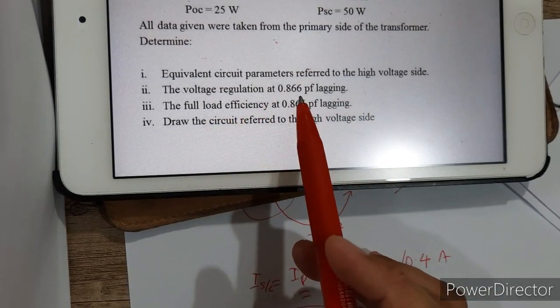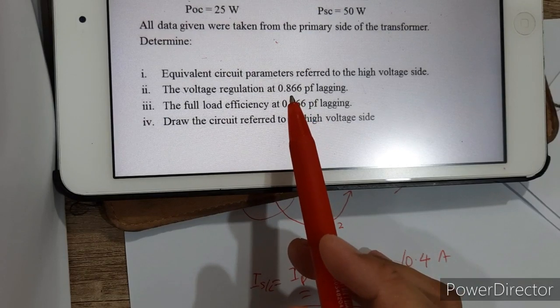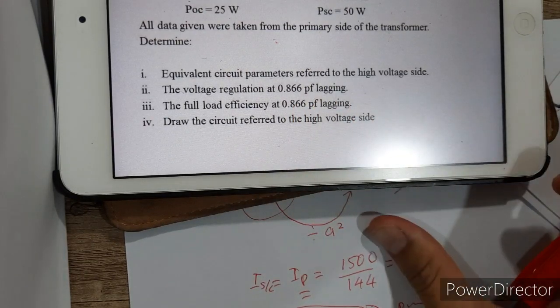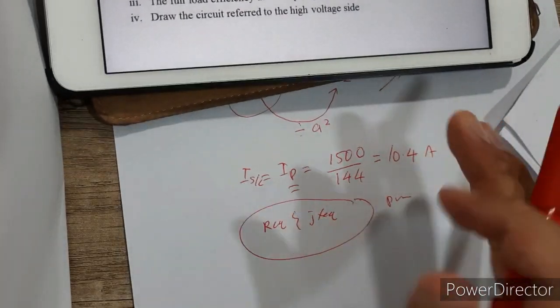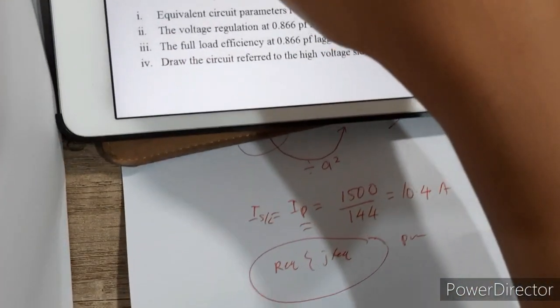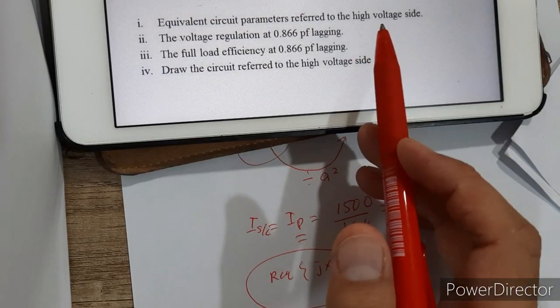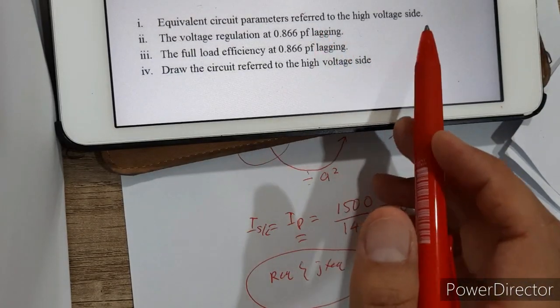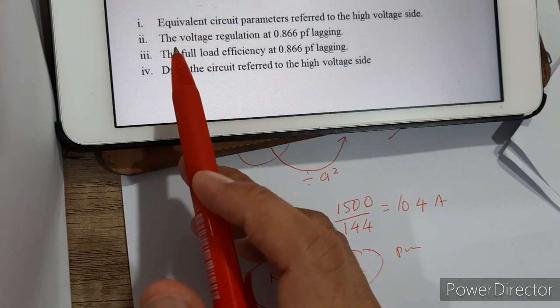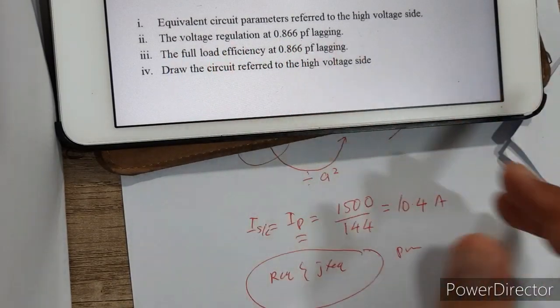The voltage regulation at 0.899 power factor lagging. Okay, so because at number 1 the parameters are referred to the high voltage side, which is at secondary, we can do the voltage regulation at the secondary side.